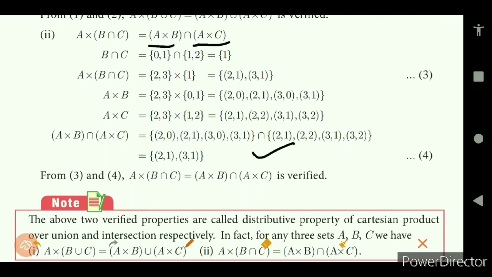Finally, we should write it here. That is our equation 4.